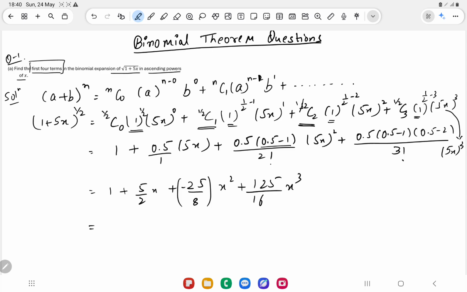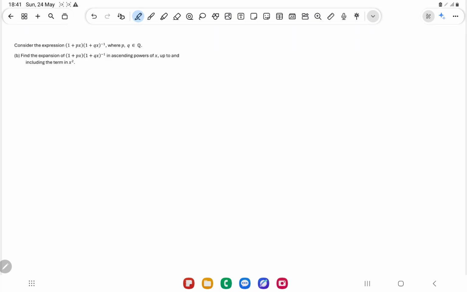So my final answer will become 1 plus 5 by 2 x minus 25 by 8 x square plus 125 by 16 x cube. So this is my part 1 of the question. Now let's move to the next part.